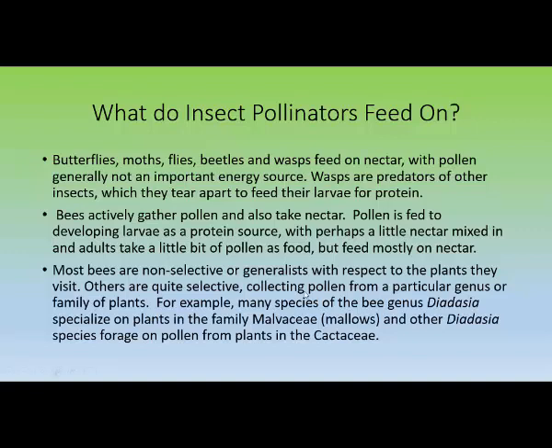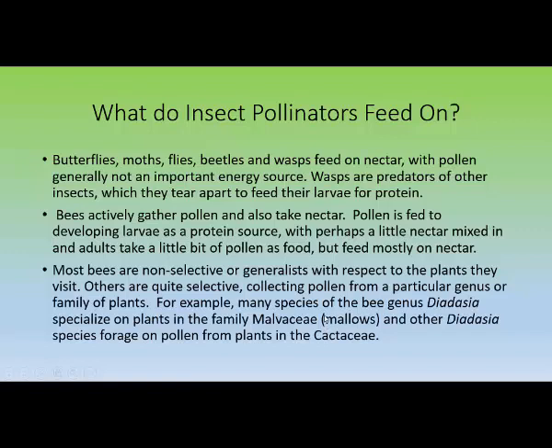So some of the bees are very, very selective on which plants they visit. Some of them are generalists. They don't care. So some of the ones that we have in our area would be the mallow plants, the globe mallow. It's in the family Malvaceae.